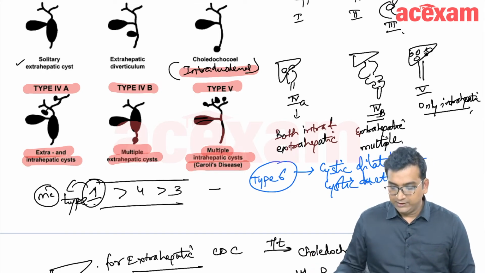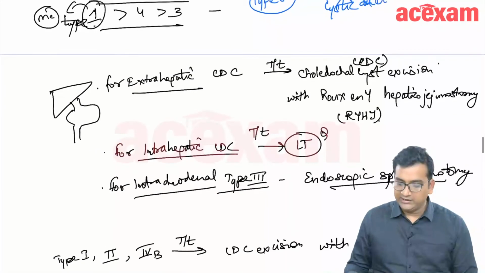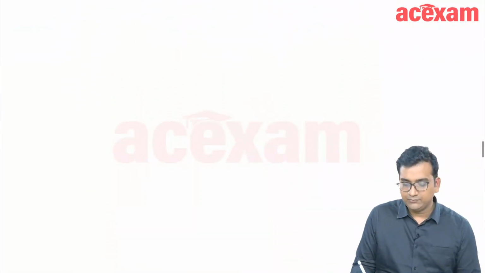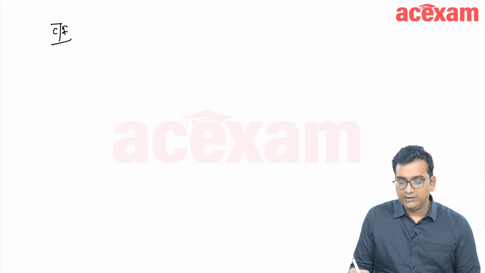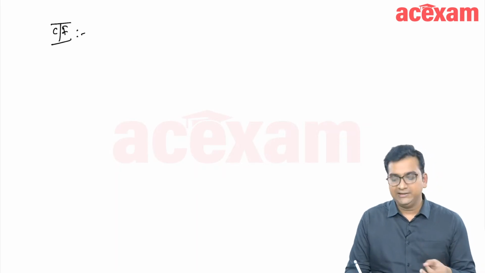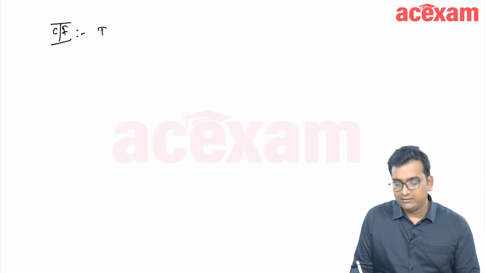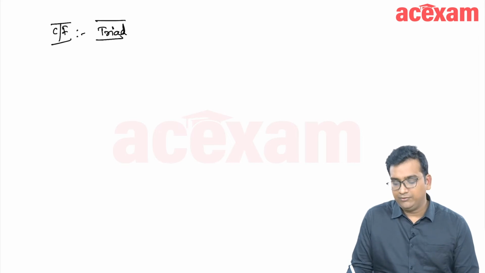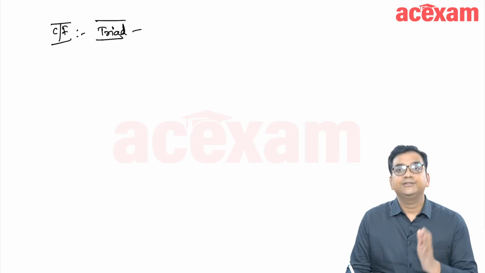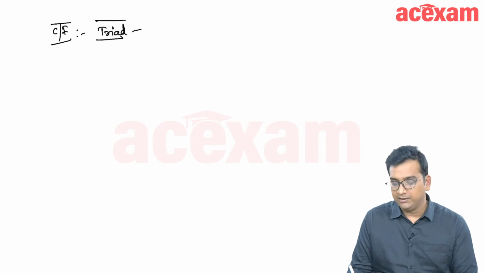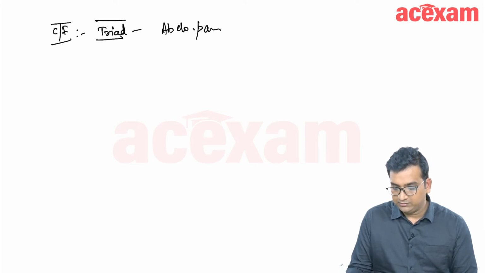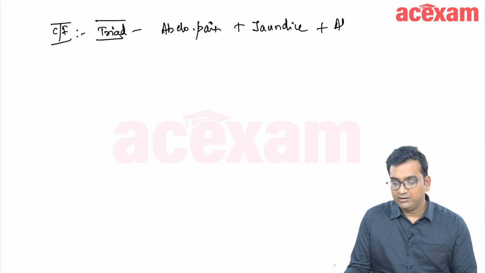Now, what are the clinical features? It is characterized by a triad of abdominal pain, jaundice, as well as abdominal lump.